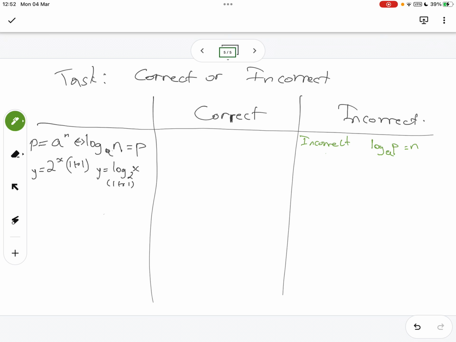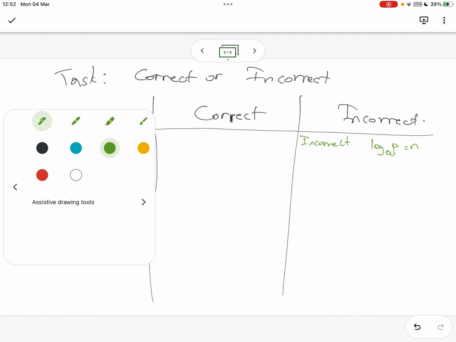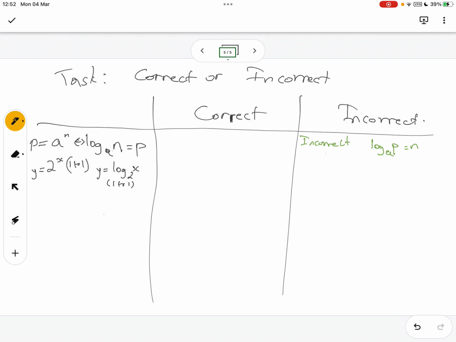Let's investigate. So to investigate, we start with swap x and y, make y the subject of the formula.